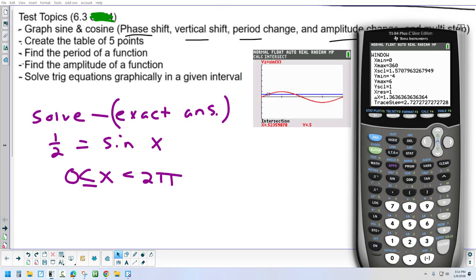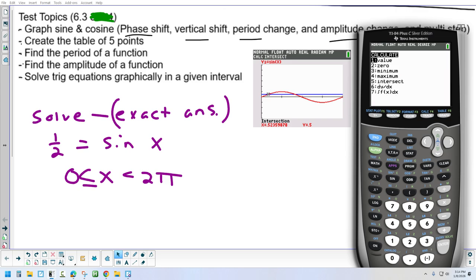Second, mode, and scroll down to radian, degree. So we're going to change it to degrees. And when we graph it, we get the exact same picture. The axis looks a little thicker, but that's fine. It's the same picture. Let's get the answer to this one now.